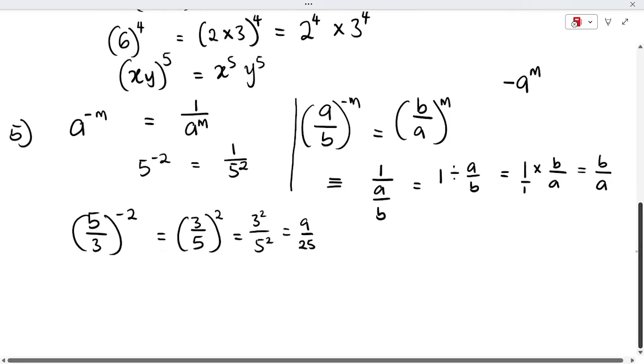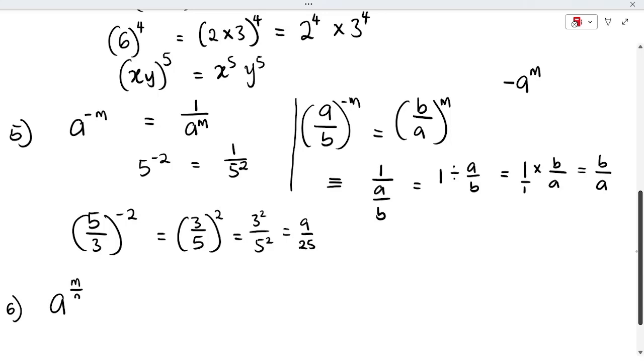And then the next one is when you have a fractional index. So you have a raised to power m over n. This is quite simple. Remember, the fractional index means the power is a fraction. All you need to know is the denominator equals the root and the numerator remains a power or index.